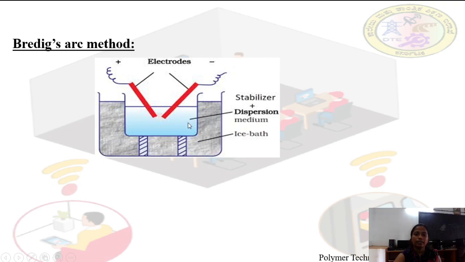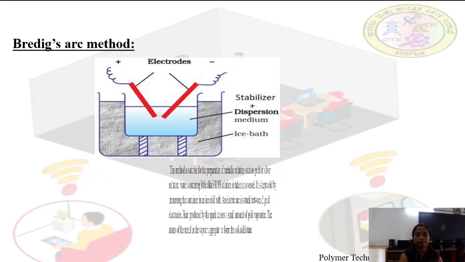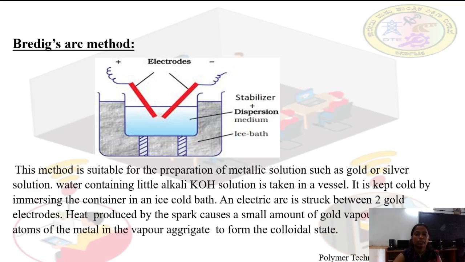In the dispersion medium we also add a stabilizer, and we place the electrodes connected to the coil. This method is suitable for the preparation of metallic solutions such as gold or silver solution.